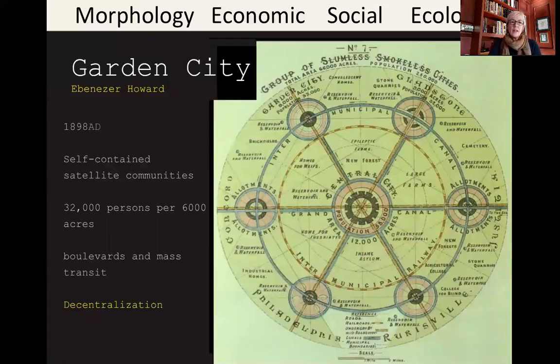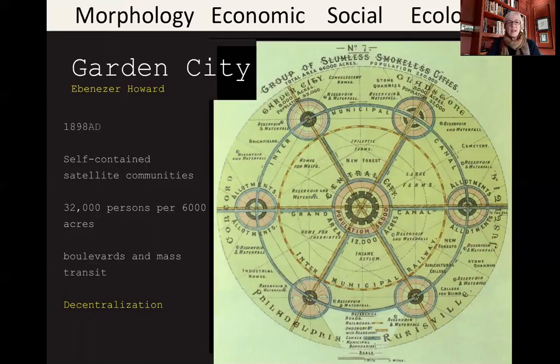Another good example of this: the Industrial Revolution and its social ills were not just in the United States. London, in England, was experiencing the same things. An example is Garden City by Ebenezer Howard, in 1898.